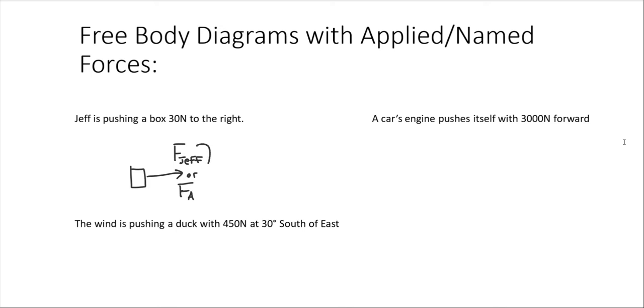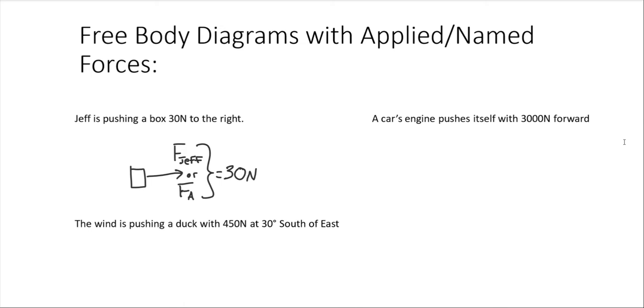Either one of these is correct, because they are talking about the same thing. And it is 30 newtons, so force Jeff is 30 newtons. The applied force is 30 newtons. They're the same thing.